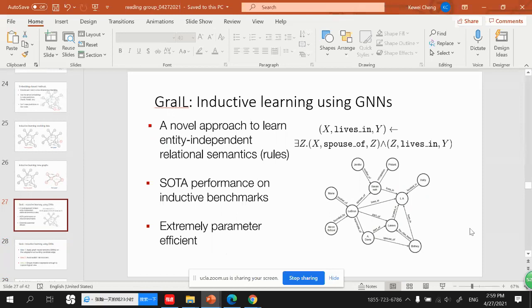As we just discussed, the first paper is trying to handle a less challenging task compared to the second paper because the scenario is a homogeneous network. As long as there's a link, we regard all links as the same thing. Here, what we're trying to learn is a multi-relational graph.